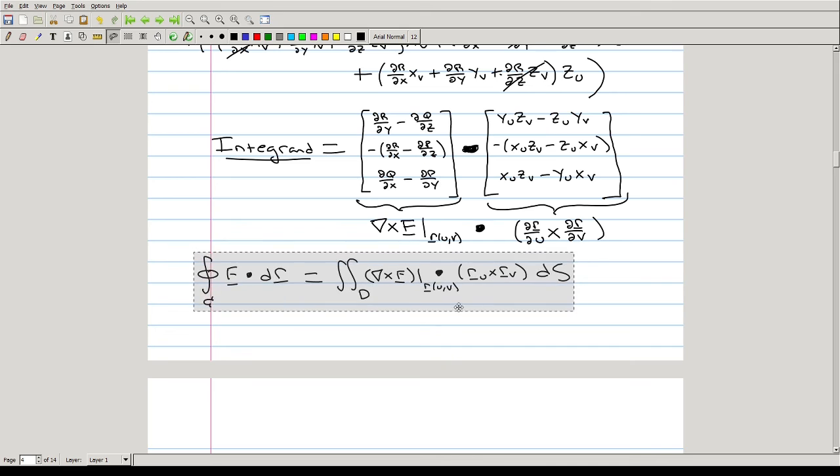Which, as we know, is exactly equal to the surface integral over S of the curl of vector field F, normal to the surface.